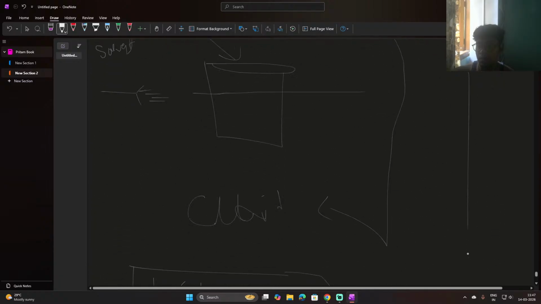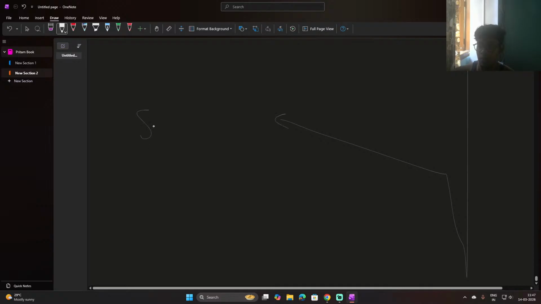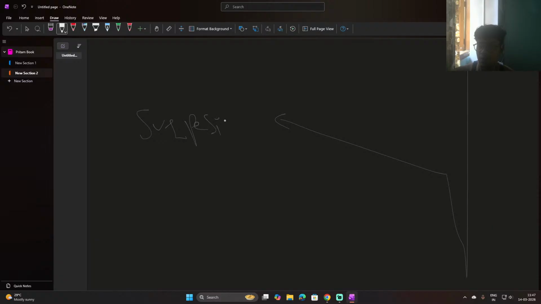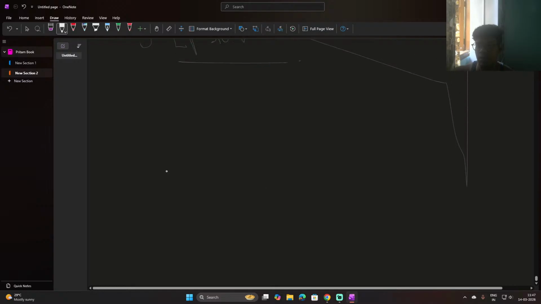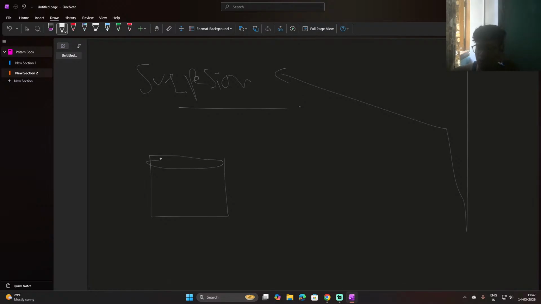And the last one is called suspension. Suspension is basically those mixtures like chalk in water, mud in water, that we can see with our naked eyes. Obviously, chalk plus H2O, chalk in water, mud in water.